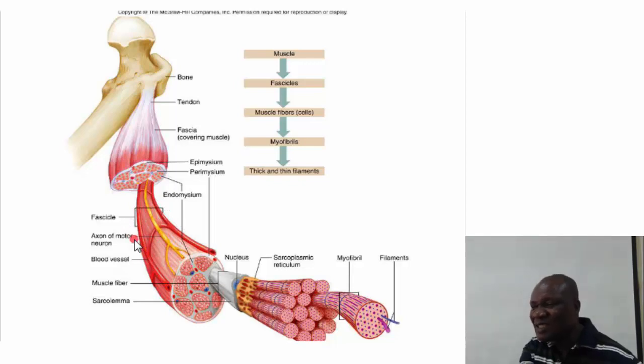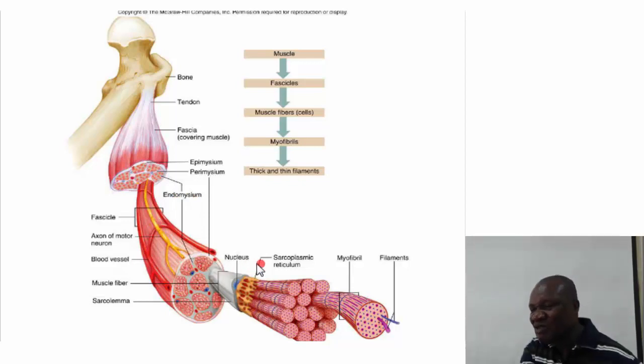The fascicle is covered by a connective tissue called perimysium. Now, the fascicles are made up of muscle cells or muscle fibers. And this is an individual muscle fiber. Now, the muscle fibers, a collection of them, is covered by a connective tissue called endomysium.